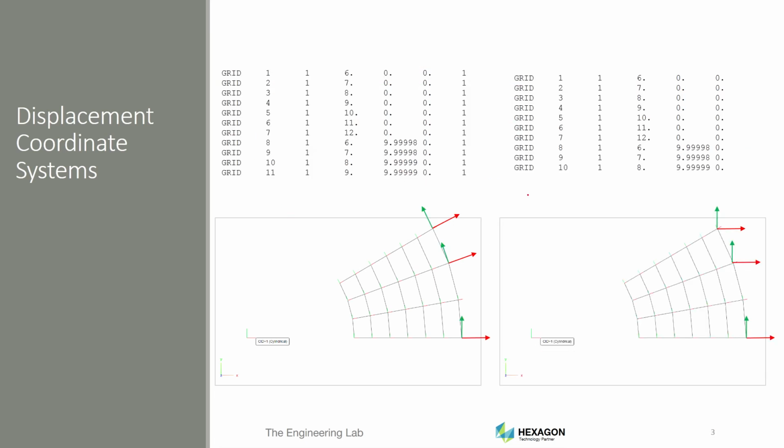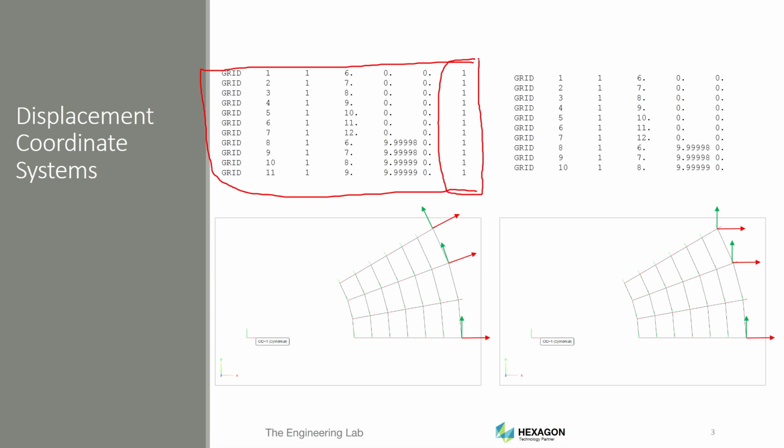Here's another example. So here for this example on the left, we're using a cylindrical coordinate system to observe the displacements. So remember, there is a stick figure here observing the displacements. There's another stick figure here observing the displacements. And then here also there's another observer observing the displacements.